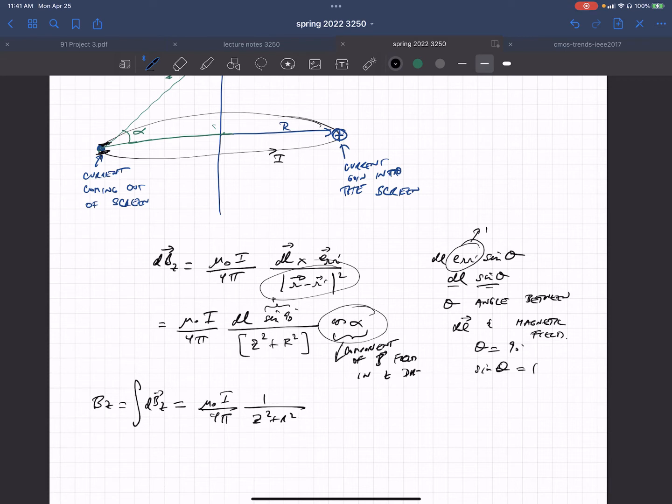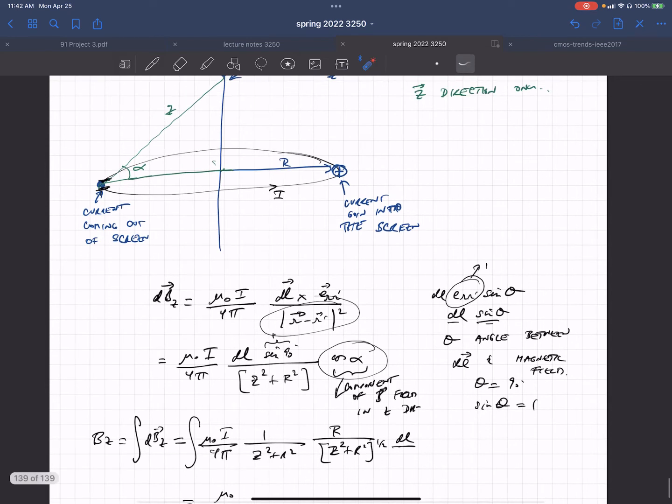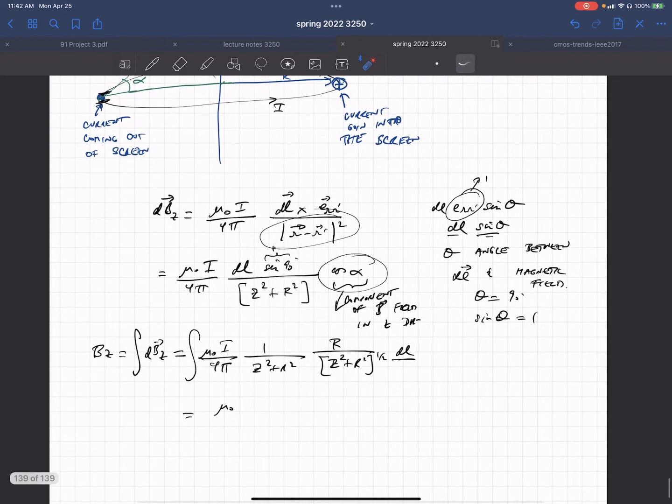I think we did this for the electric field, so I'm not going to do it too carefully here. So it's r over z squared plus r squared to the 1/2. So integral of all this times dl. The only thing I'm integrating is really dl, and if I'm integrating around the loop, the length of that is going to be 2 pi r.